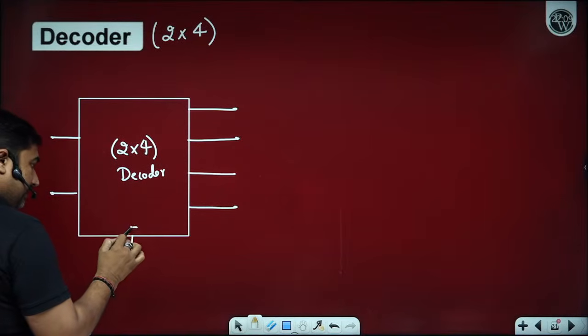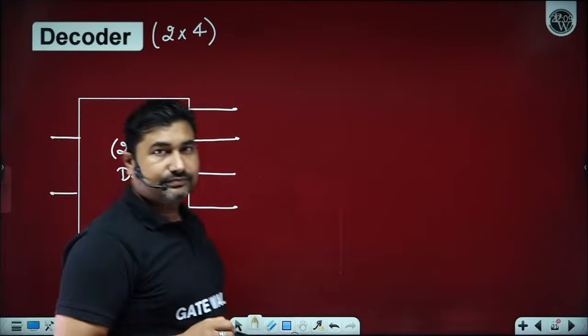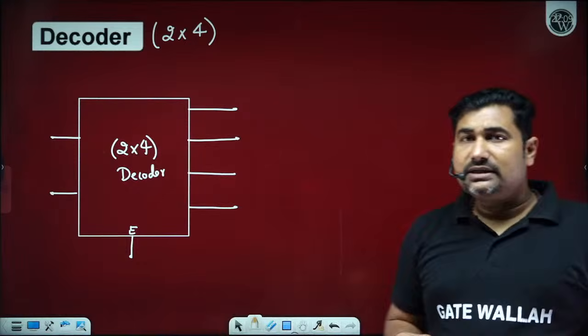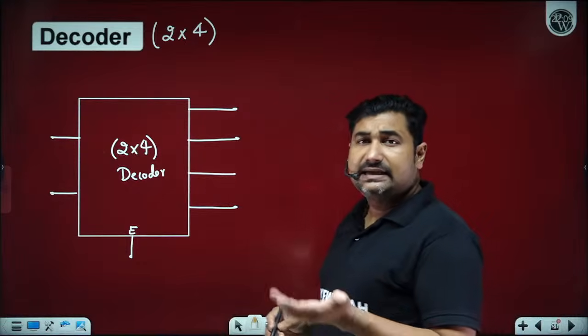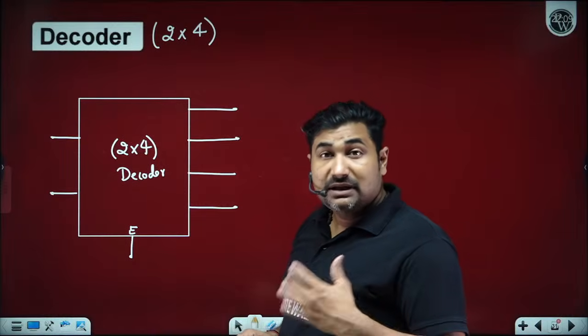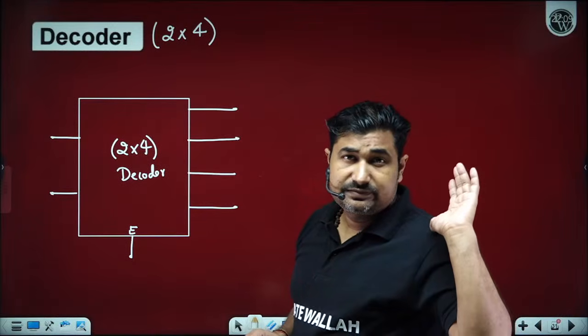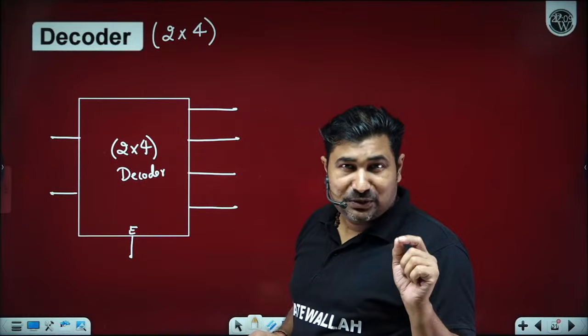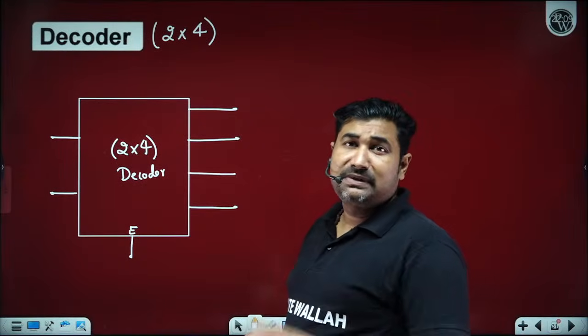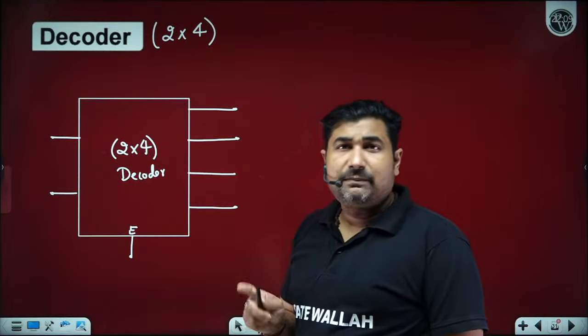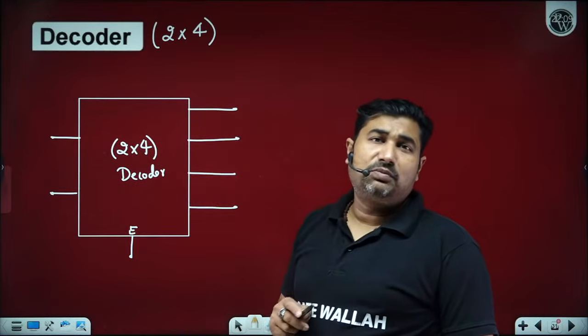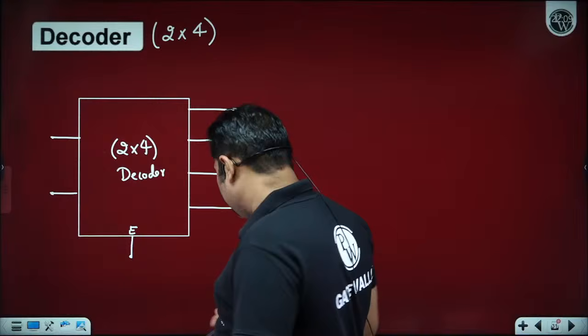There is an enable pin used in the decoder. In decoders, binary data is applied at the input, and depending upon the binary data, one of the output lines will become logic 1.